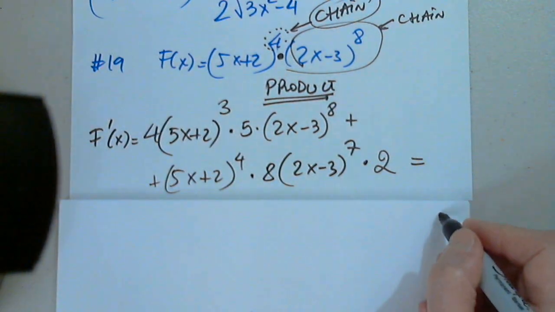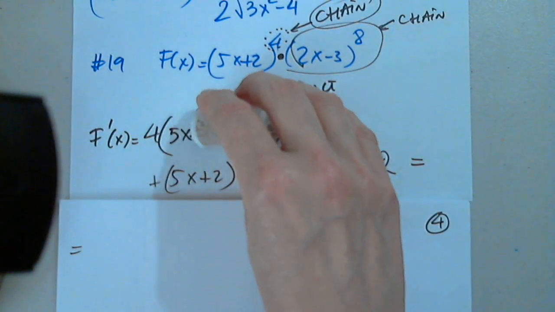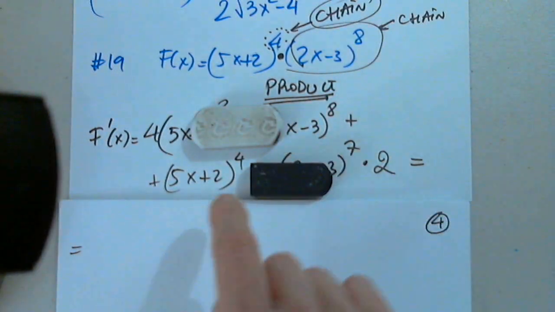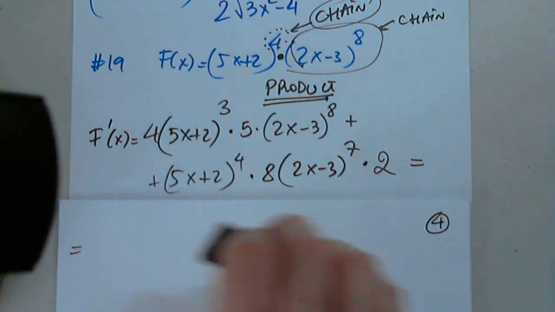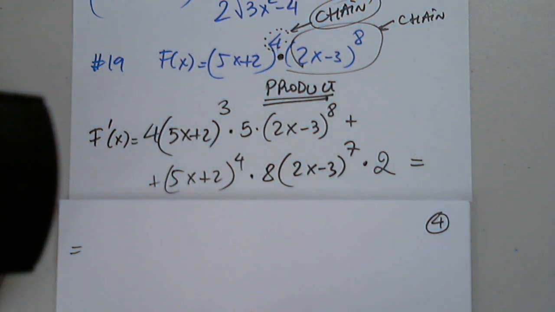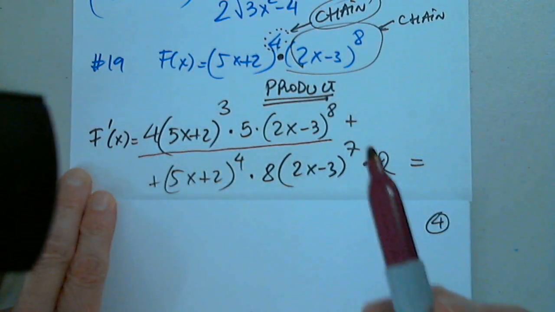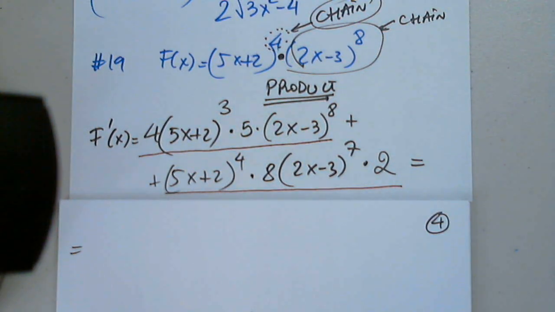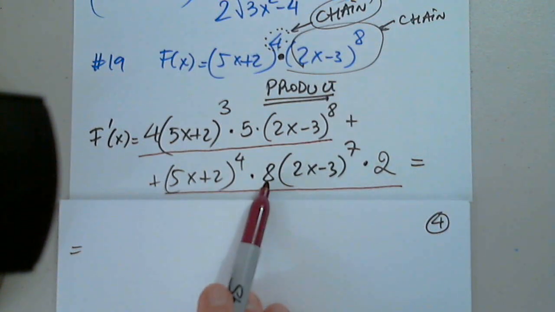Okay, so I'm on page 4. How many terms do we see here? This product is one term. This product is the second term. Do they have common factors? Do you see the same thing here as well as here? Yep, I see a 4 that is common.